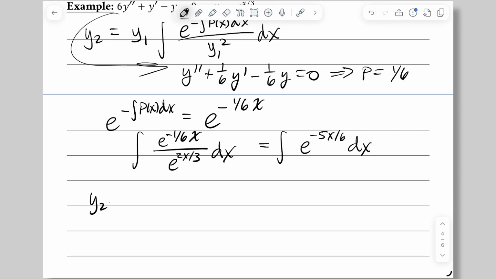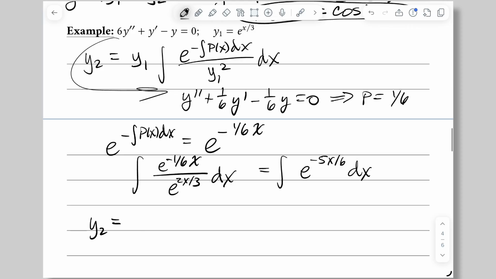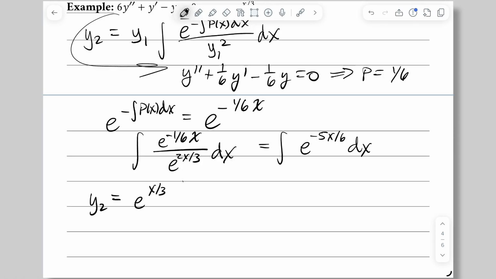And so y2 is equal to y1, which is e to the x over 3, times that integral, which technically is negative 6 over 5 e to the negative 5x over 6, which then gives us a negative 6 over 5 e to the negative x over 2.